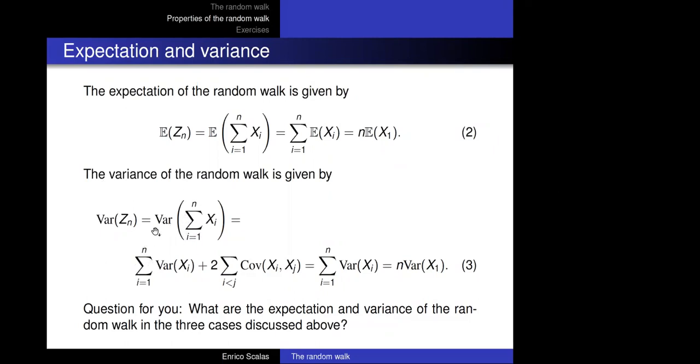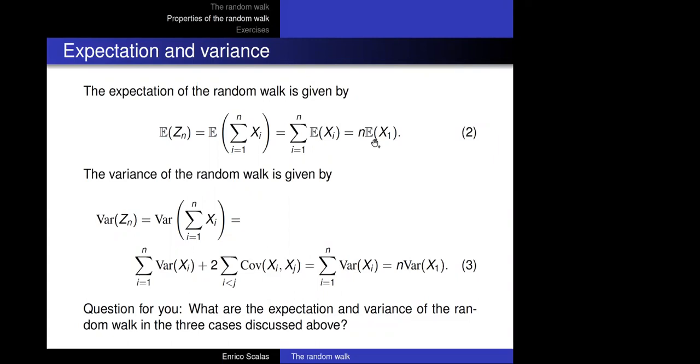You apply the formula for the variance of the sum. And because these are independent random variables, but it would work even if they were uncorrelated, the covariance is 0, so it is the sum of the variances. And again, all these variances are the same, and you get n times the variance of x1.